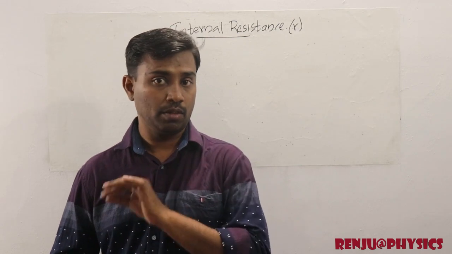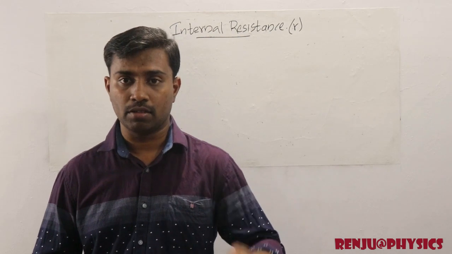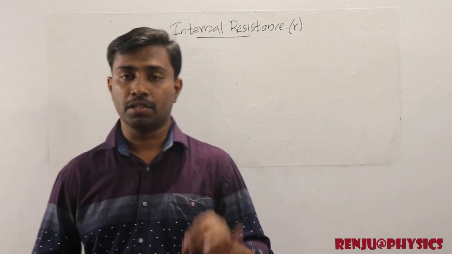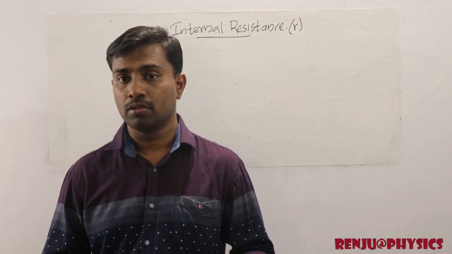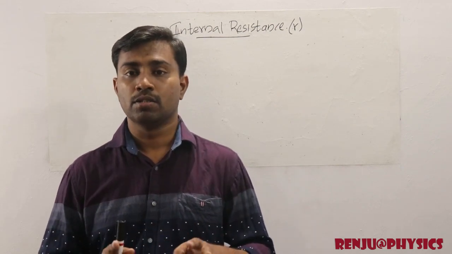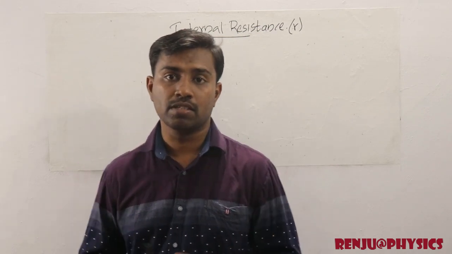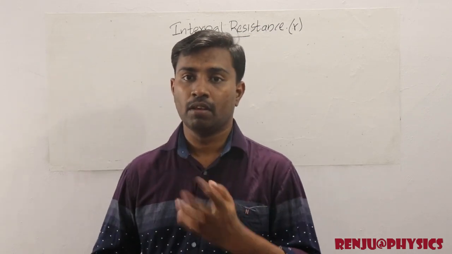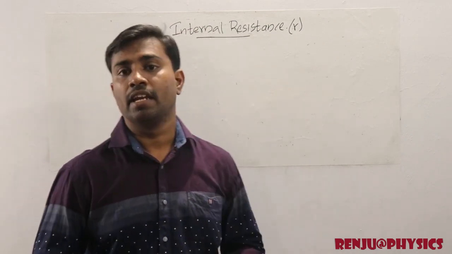We know that internal resistance depends on many factors: the nature of the electrolyte, the separation between the electrodes, the area of the electrodes, temperature, and many more. So we will derive an expression for internal resistance.